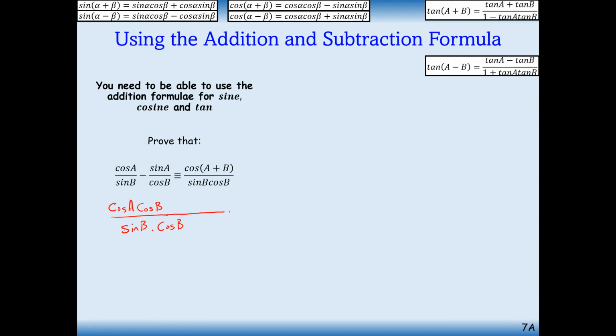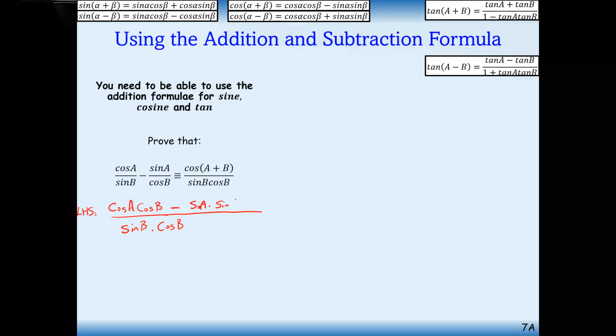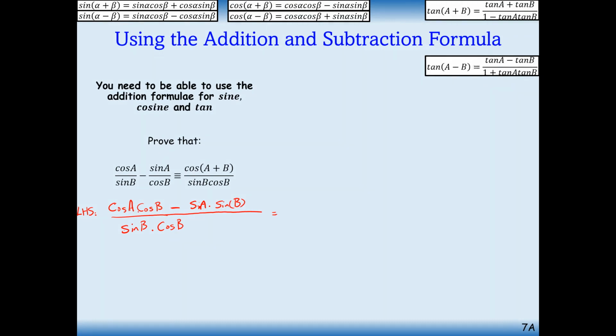And I'm not going to repeat the denominator. For the numerator of the left hand side we will have sine a multiplied by cos b, plus cos a multiplied by sine b. From this expression you should be able to recognize that when you have subtraction of cos a, this subtraction actually turns out to be addition.